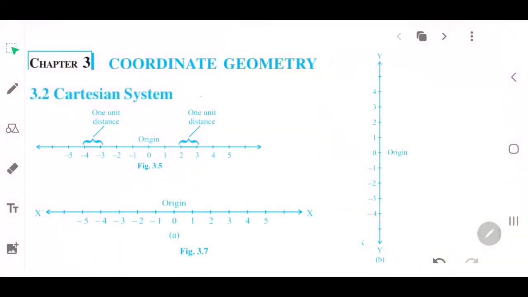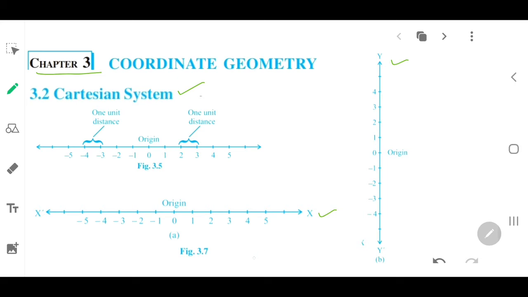Students, today we are going to start a new chapter, that is coordinate geometry. So first we'll see about the Cartesian system. In a Cartesian system you'll find that one axis comprises of x and the other axis comprises of y.